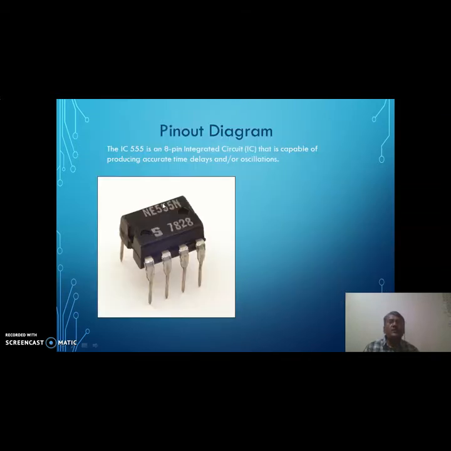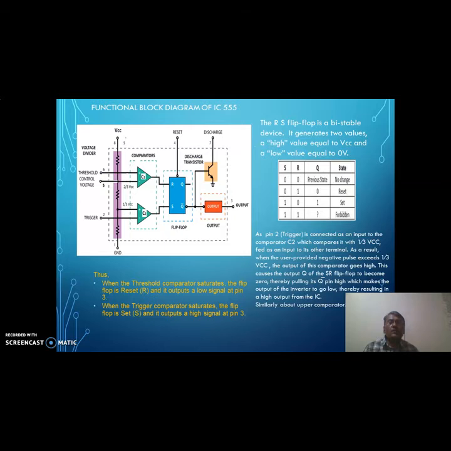Then one more thing: there is a discharge transistor here. When the base of this transistor is low, since this transistor is NPN, the transistor is off, and the capacitor which is externally connected to this pin will get charged.